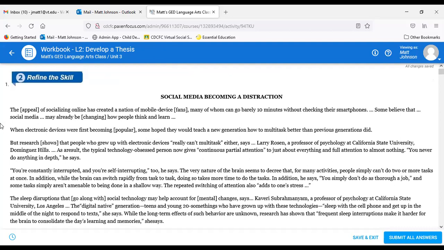So she does use logical reasoning or logical evidence, right? She uses good evidence. She cites two different experts. So we can put in there, it's supported by evidence based on research.